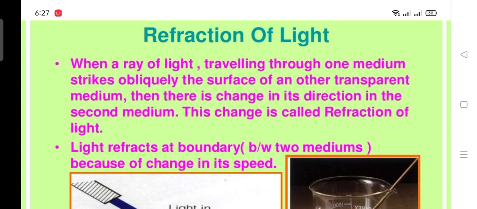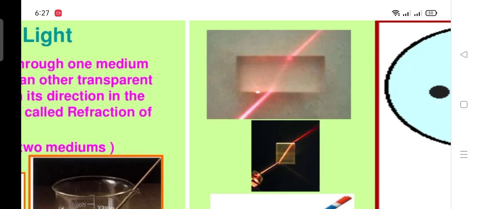This phenomenon is known as the refraction of light. Light refracts at a boundary between two media because of a change in its speed. So students, I think all of you got the definition of refraction of light.